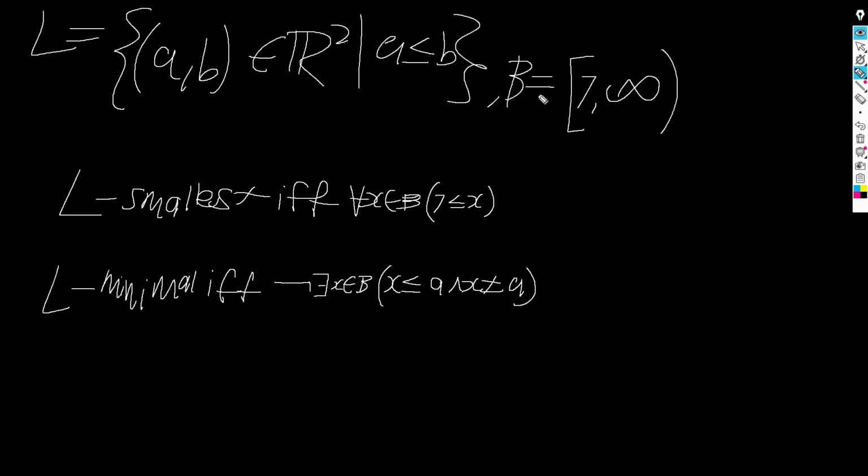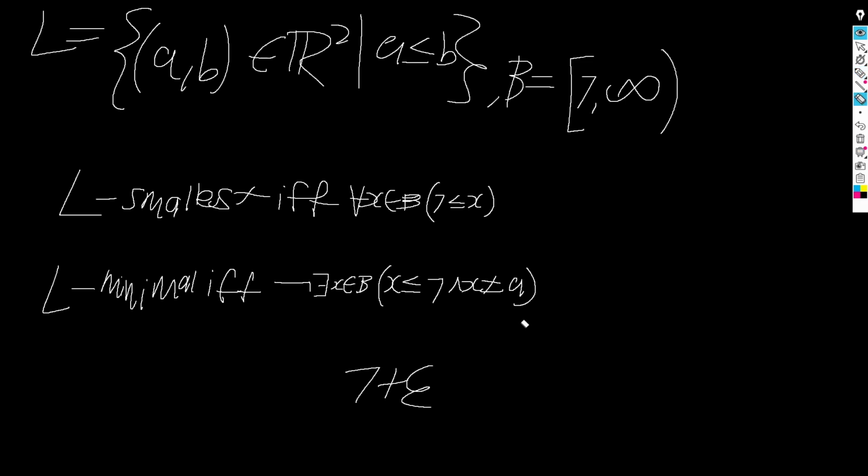And an element A of B is L minimal if and only if there is no other distinct real number in B that is less than or equal to A. And again, if you let X be 7, then you find out that 7 is also an L minimal of B. And 7 is actually the only L minimal of B, since, again, let's say 7 plus epsilon is in B, then 7 plus epsilon and 7 are distinct, and there exists a real number in B that is less than 7 plus epsilon, namely 7.